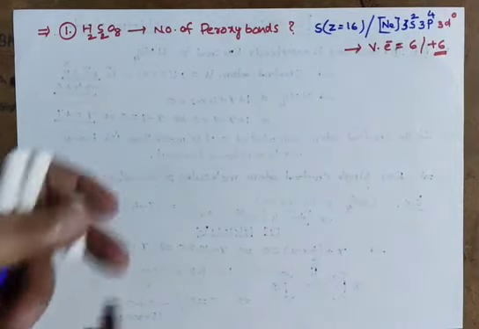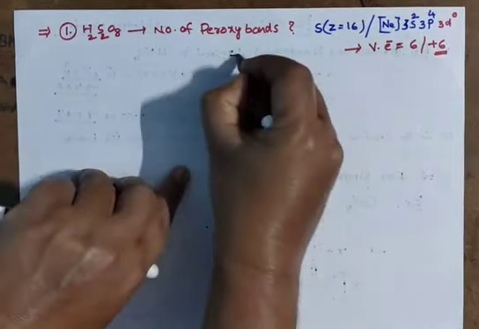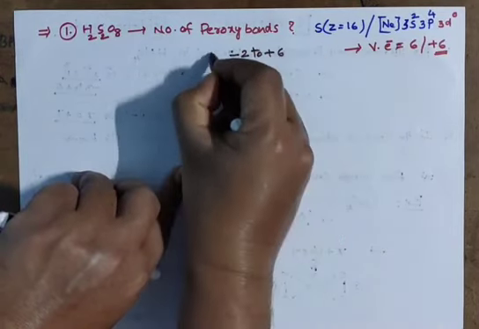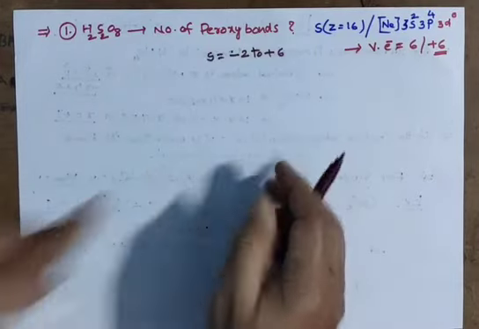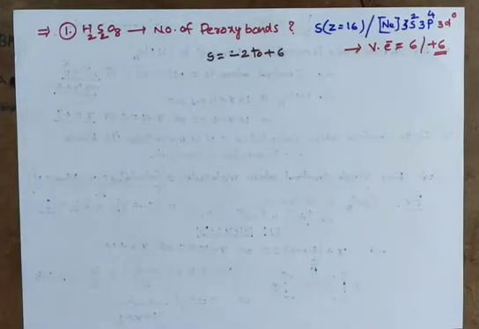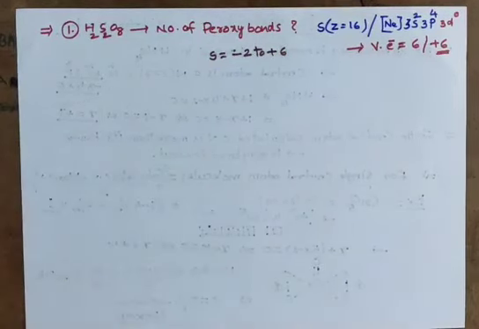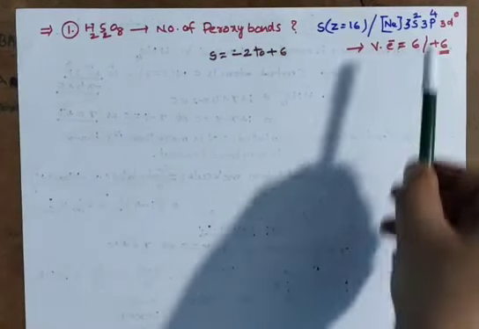And the sulfur range is -2 to +6. Remember, sulfur oxidation number range is -2 to +6. How does -2 come? Already 6 electrons are there now.